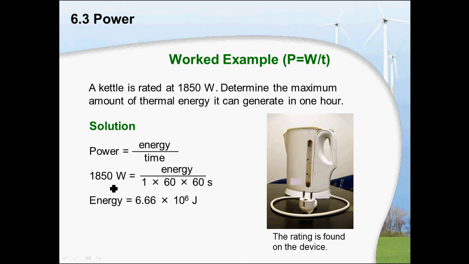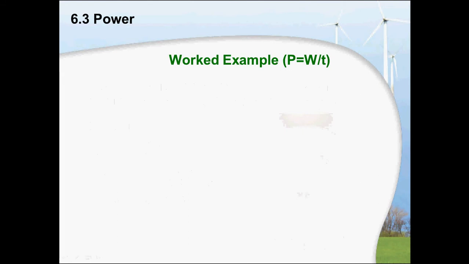All right. So the answer will be 1850 multiplied by 3600 to give you 6.66 times 10 to the power 6 joules of energy. All right. So let's move on.